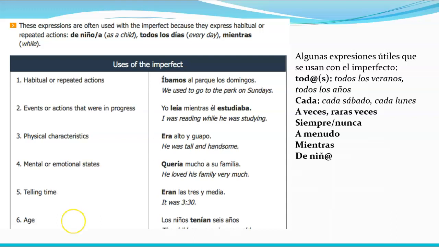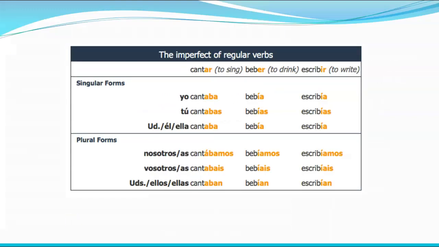Okay. Now, how do we form that? We see things like leía, estudiaba, quería, tenían. And then we see things like íbamos, era, eran. Okay, so like the preterite, there are some irregulars, but what I really like about the imperfect is the majority of the verbs are normal. AR verbs are going to end in aba.